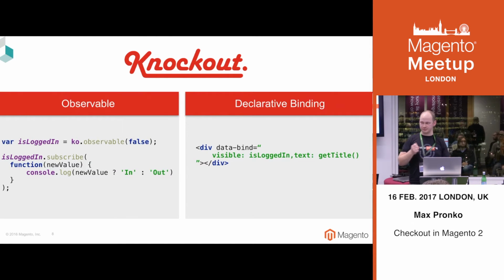So in your custom component, you will say, I want to subscribe and listen to any change introduced for this variable's actual value. And you can use it without relying on actual HTML or templating. So it's reuse of the view model. And the second interesting thing is declarative binding.